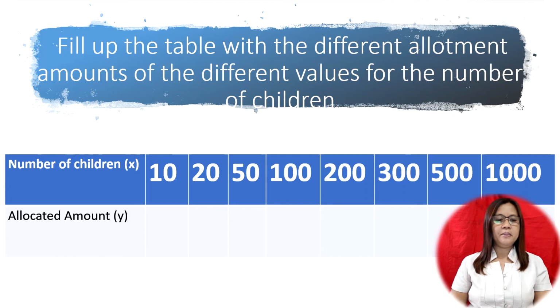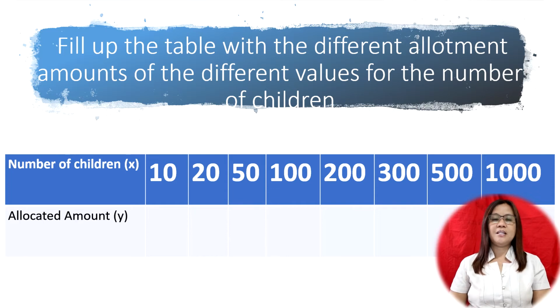So how much will be the allotted amount for each child if there are 10 children in the barangay? Yes, it's 10,000 pesos. What about if there are 20 children in the barangay? Correct, we have 5,000 pesos. What about for 50 children in the barangay?